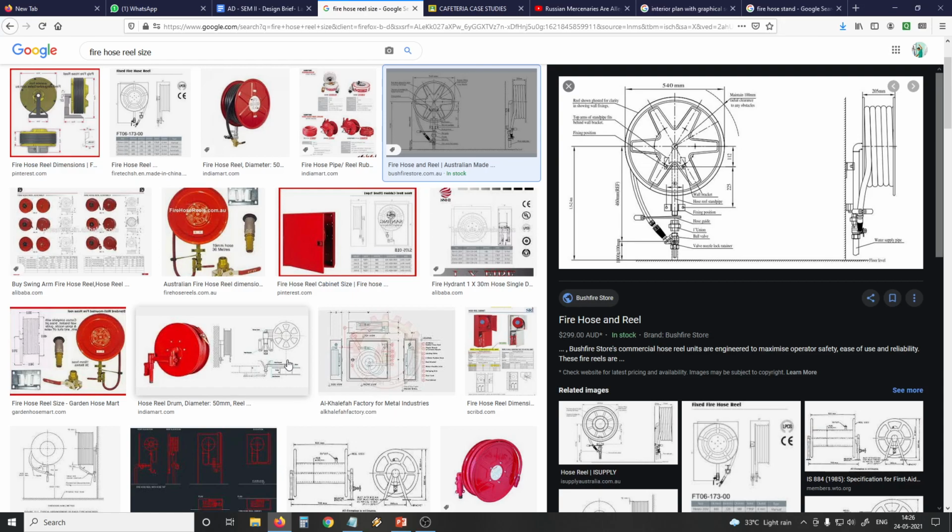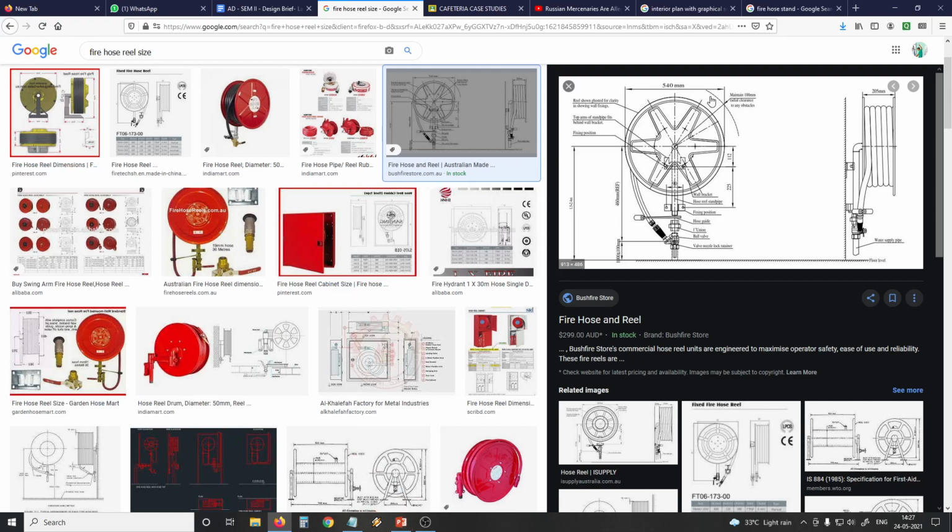And with more research, with more standards that you look at in maybe Neufert or Time Saver Standards, you can have a fair idea of what kind of sizes will be required for your design.